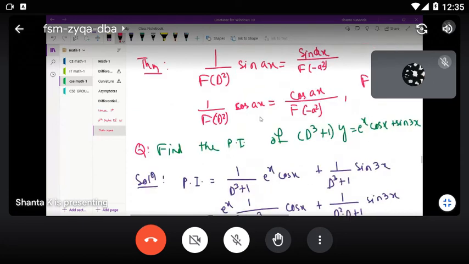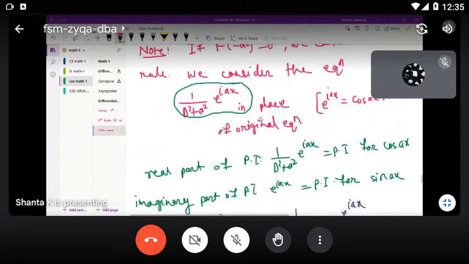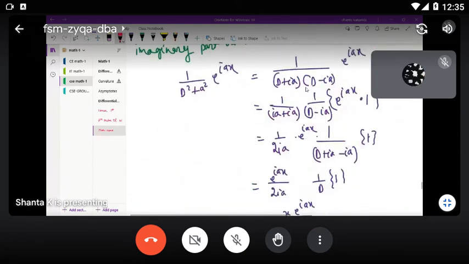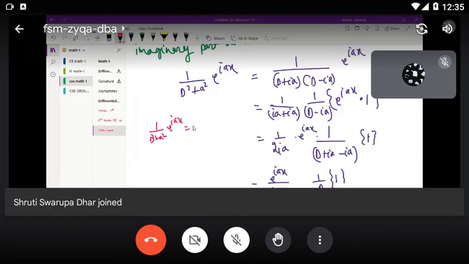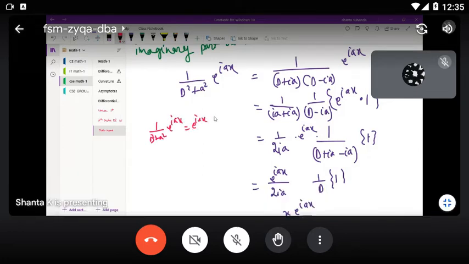Ma'am, can you explain the second step, why we are breaking it? D square minus 1, d square plus 1. Remember 1 by d square plus a square, e power ix. Here in place of d we substitute this coefficient of x, so it is minus a square plus a square, and it becomes 0 in the denominator.